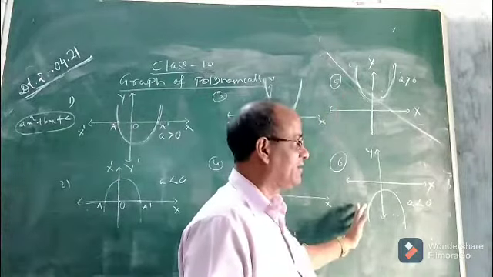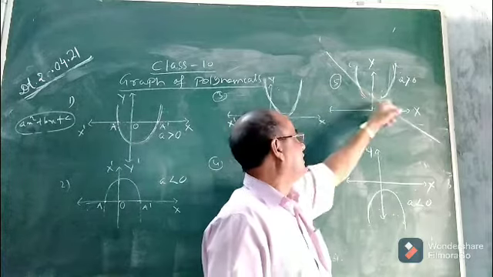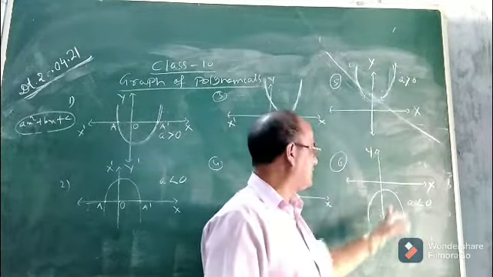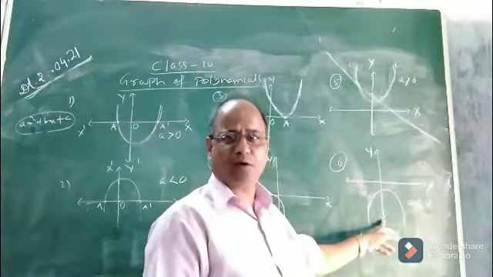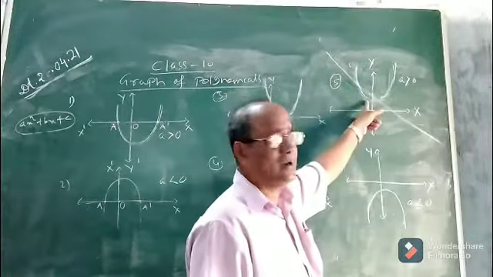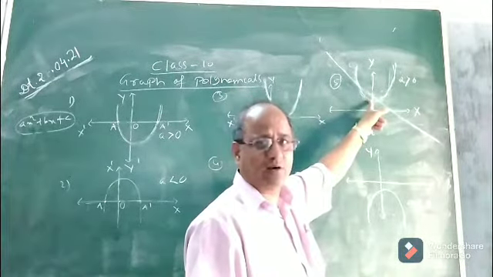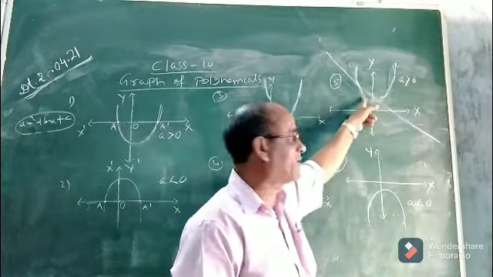And in this case, when the graph of any quadratic polynomial lies completely above the x-axis or completely below the x-axis, you will immediately conclude that these two have no zeros. So as they have no zeros, we cannot find them. Here we cannot factorize the polynomial into two linear factors.